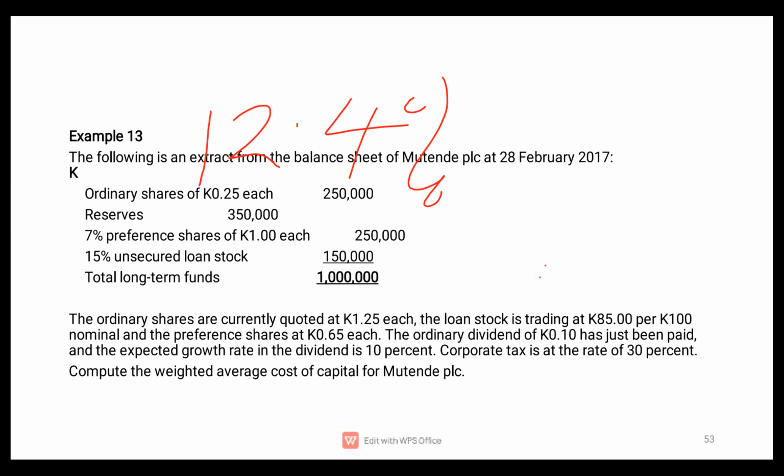What is the value of debt? Sorry, sir. I need to understand when they say the loan stock is trading at 85 kwacha per 100 nominal. What's that? That's the price of a stock, a loan stock.